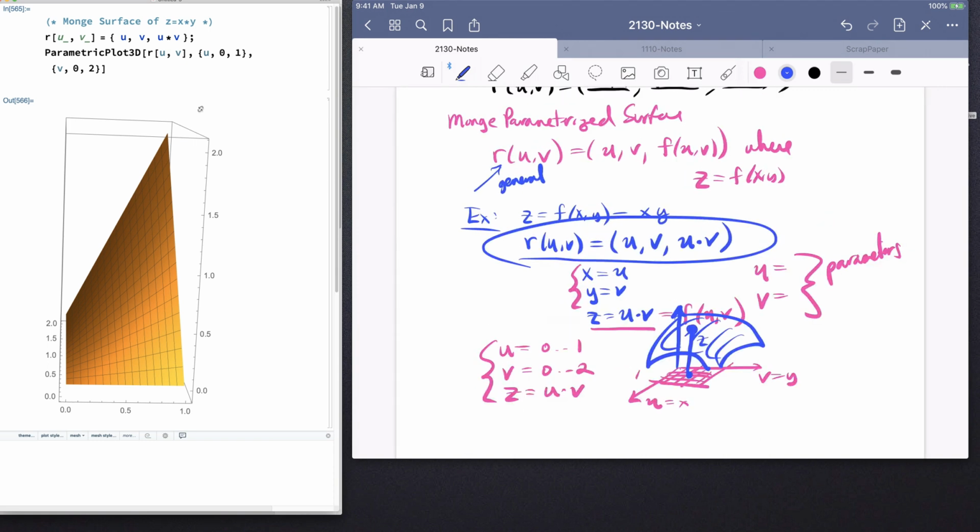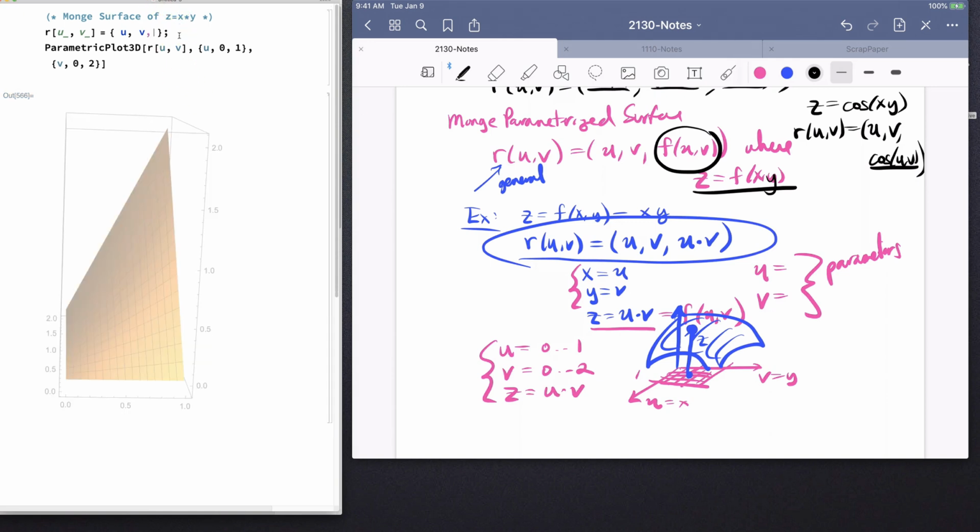And in general, as I said, if you want to have any function z equal to f of x, y, for example if z was equal to cosine of x y, then you could come up with a parametric form of that surface: u comma v, and the z entry would be cosine of u v.